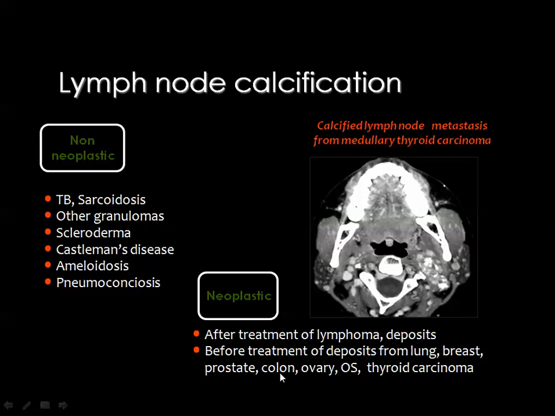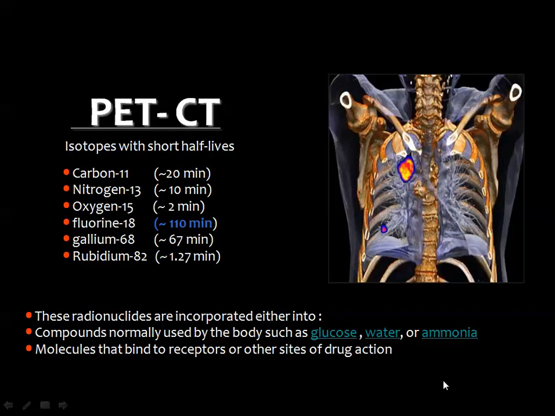Some nodes from the prostate, ovary, osteosarcoma, and thyroid carcinoma may contain calcium. And one of the diagnostic tools used for evaluation of lymph nodes is the PET scan.